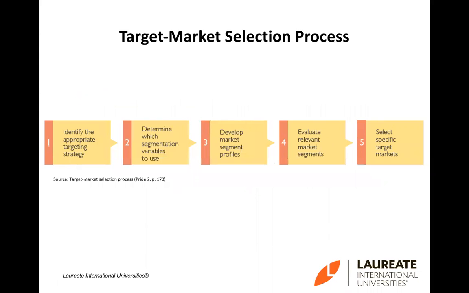This slide shows a brief process of target market selection. We identify the appropriate targeting strategy, determine the variables of the segmentation, develop the market segment profiles, what characteristics that we want to use to determine one group of customers belong to certain market segments, and evaluate it and select the target market.